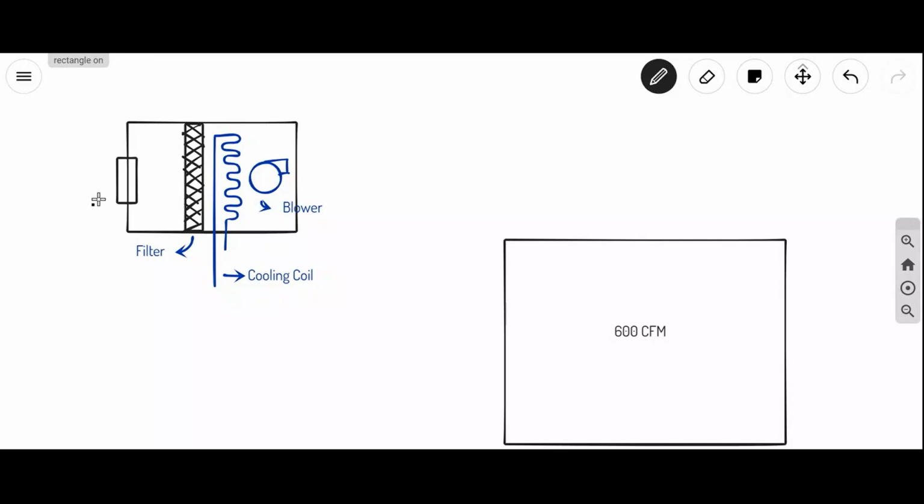So we'll have a VCD to control the air from outside. We take 600 CFM of air.